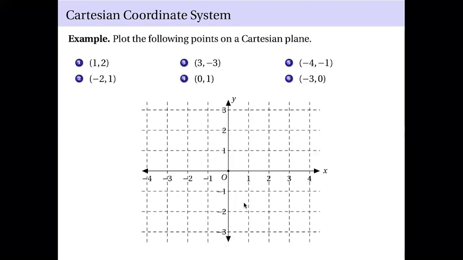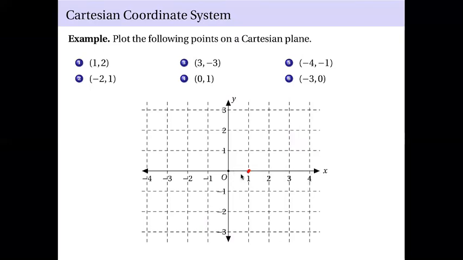Now let's look at some examples. We want to plot the following points on this Cartesian plane. Here you have 1, comma 2 for number 1. I already labeled which are 1s and 2s, or -1, -2. This one is 1 unit from the origin along the x-axis.